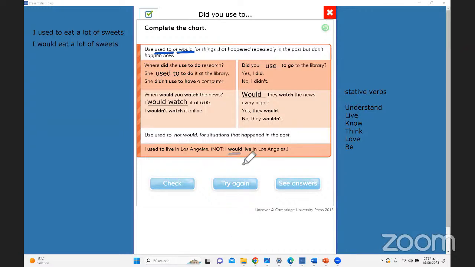Pero sí used to. Y en los primeros, go, run, eat y watch, que escribió antes de estos, those are active. Es que también decía static verbs. No, those are active. Okay, teacher. Thank you. Yes, sorry for the confusion.